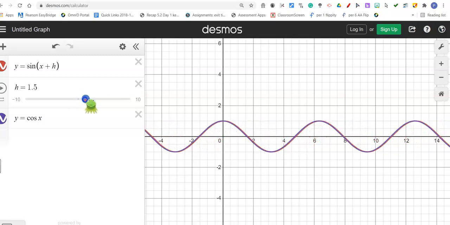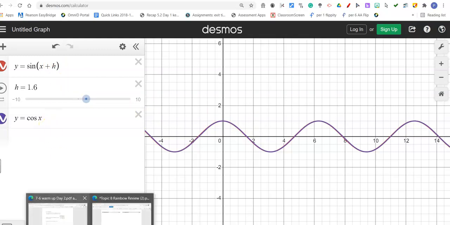Let's see, about 1.6. It's half a pi is what it is. It's not quite there. There we go. That's pretty close. So when I phase shift a sine function by half pi, it will line up with the cosine function. So they can look the same.